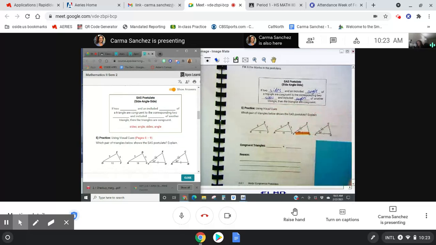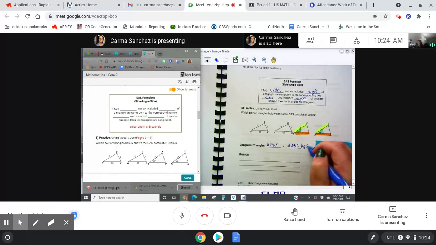See how this side is congruent to this side based on the 1 mark. And this side is congruent to this side based on the 2 marks. And this angle of 36 degrees is congruent to this angle of 36 degrees. So therefore, I can say that triangle FOX is congruent to triangle ABC by side-angle-side postulate.